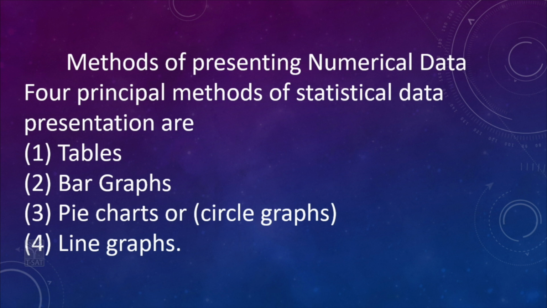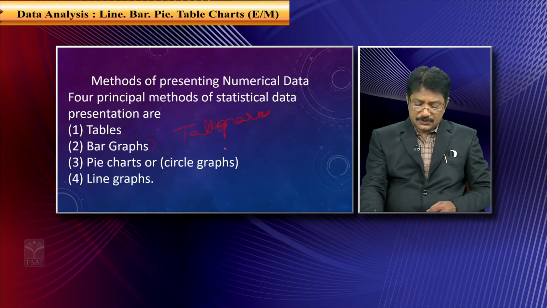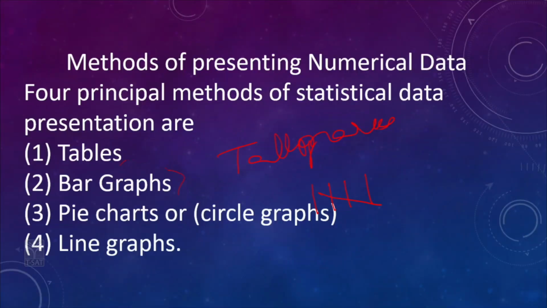When you consider tables, we use tally marks. Simply we write 1, 2, 3, 4, and the fifth one we write as a cross stroke, and this is called 5. When you collect the raw data, we make it into a tabular form.